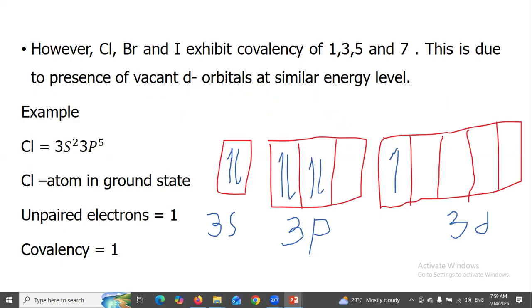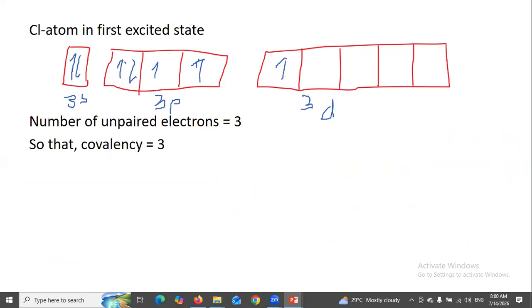However, chlorine, bromine, and iodine show covalency 1, 3, 5, and 7 due to the presence of vacant d orbitals at similar energy levels. For example, chlorine 3s2 3p5, 3d is at a similar energy level. So unpaired electron 1, covalency 1.